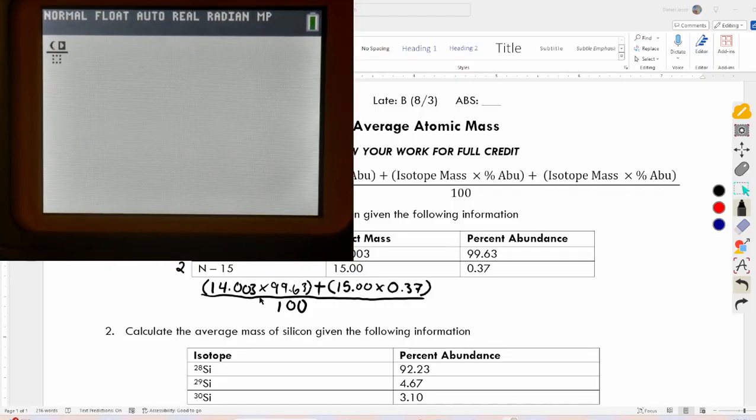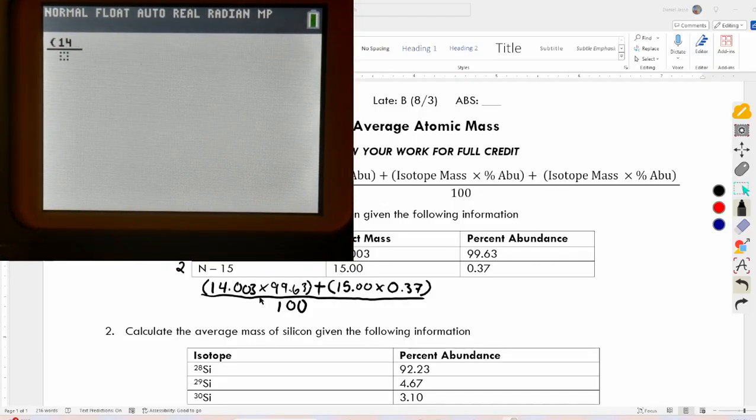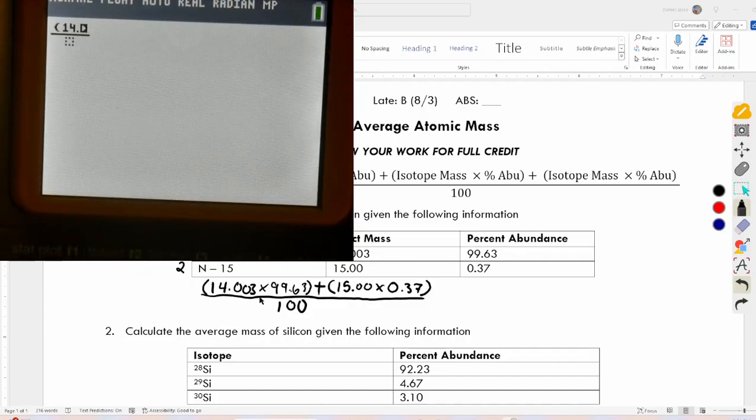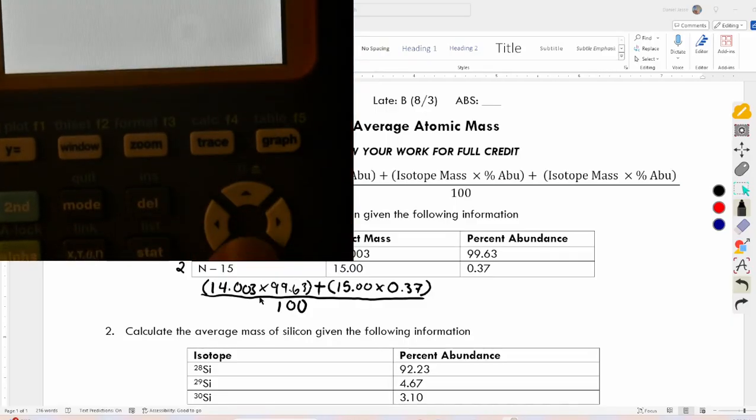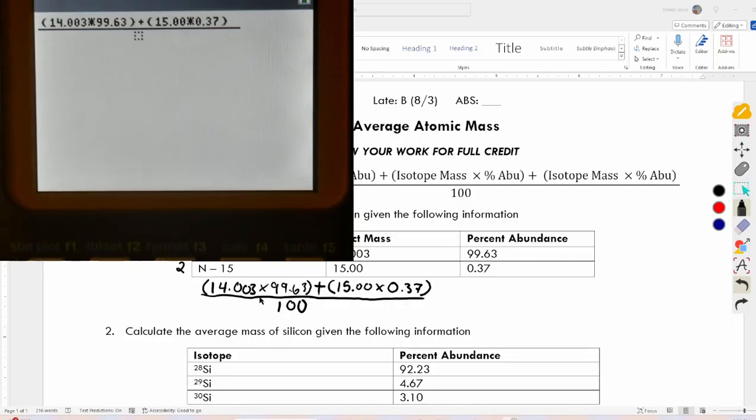Open parentheses, we're going to do 14.003 times 99.63, close parentheses, plus 15.00 times 0.37, close parentheses. To get down, I'm just going to push the down button to get to the bottom.